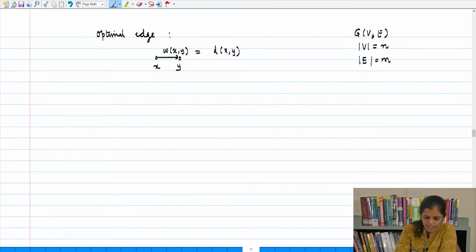And now one can clearly see, and I will denote the set E star as the set of optimal edges.